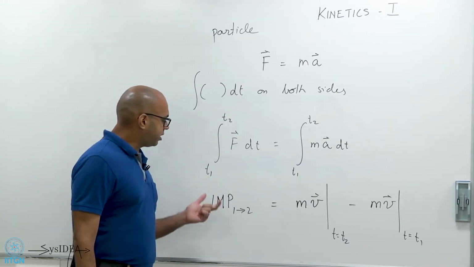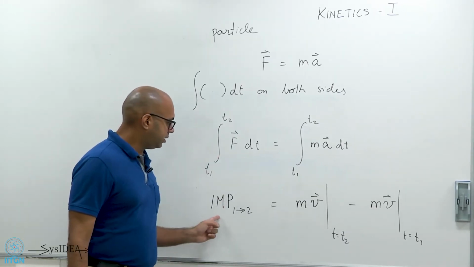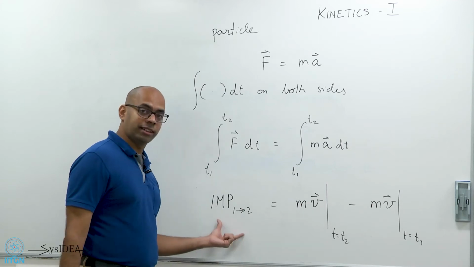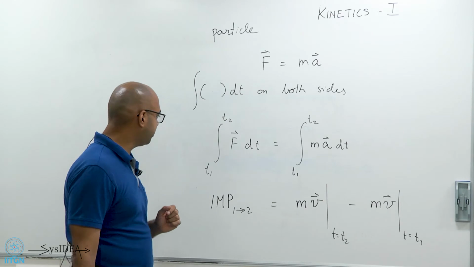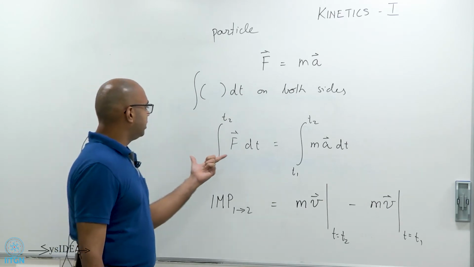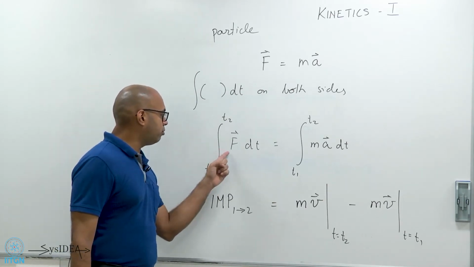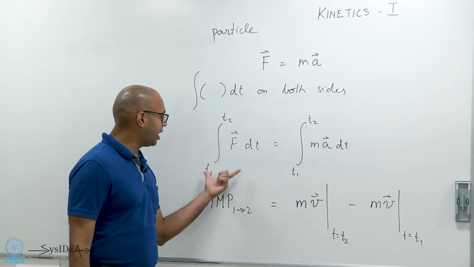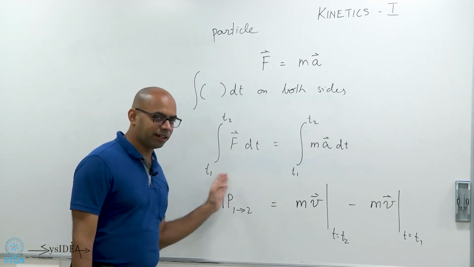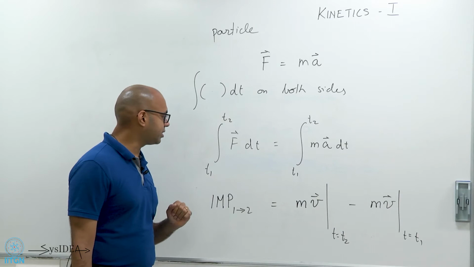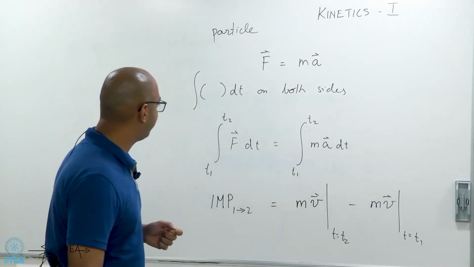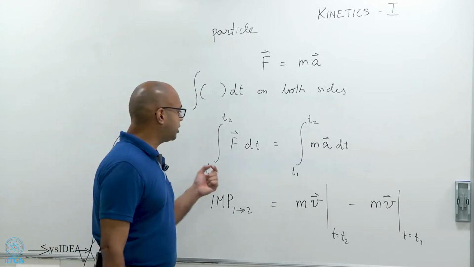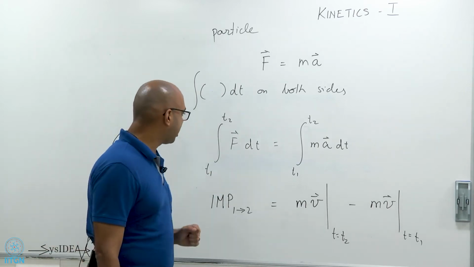A couple of observations here. Remember, these are all vectors. The impulse is a vector because F times dt still gives you a vector. Sometimes you may know the force profile over a finite time interval and you can compute this by doing the integration. Sometimes you may be dealing with a situation where you have a really large force for an infinitesimal time period.